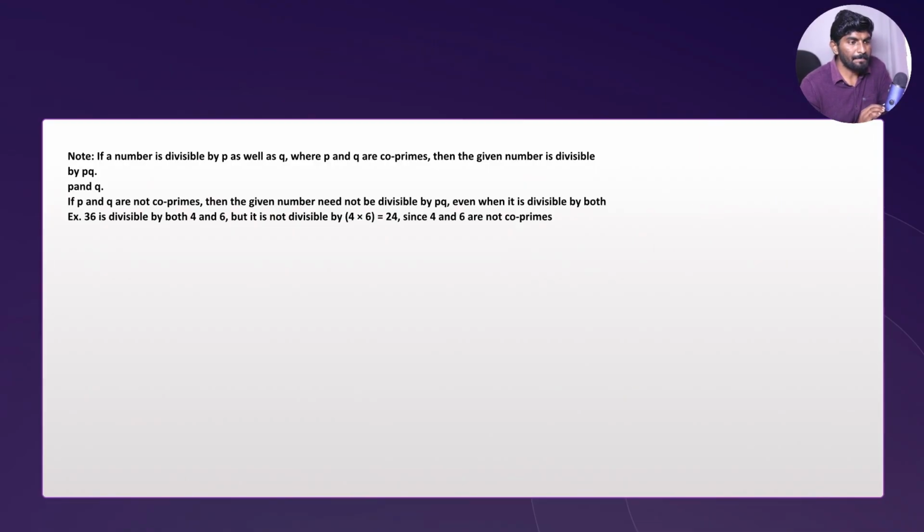This is the main formula for any number. If a number is divisible by P as well as Q, where P and Q are co-primes, then the given number is divisible by PQ.